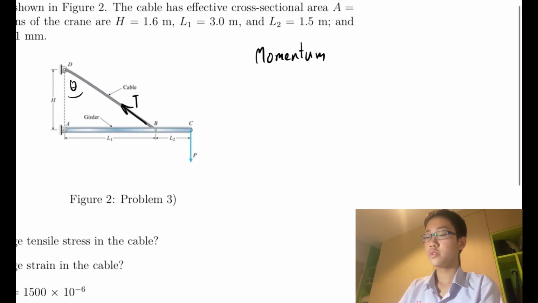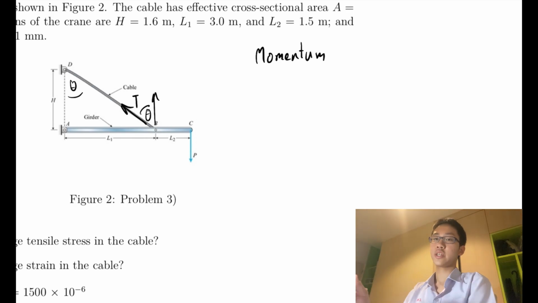So by momentum we have to use the perpendicular force to the girder. We'll assume that this is theta, and this is also theta, the same theta.